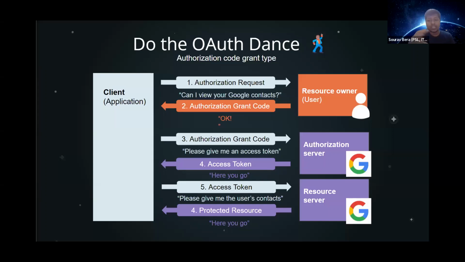Sometimes the authorization server also returns a refresh token so that the app can continue making requests without re-asking the user for permission during the session, because the access token is temporary and gets revoked in a very short period of time. So the refresh token works in this case. By including the access token in the request header, the application can access protected resources like Google contacts from the resource server.